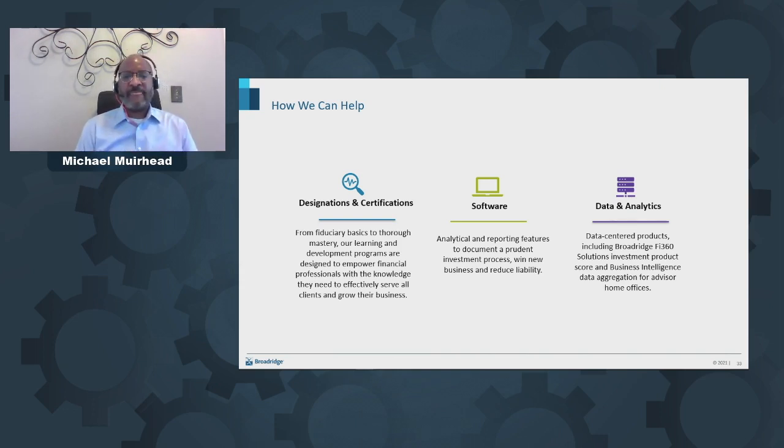Second is software. We offer software and analytical tools that really help document and support the fiduciary process in a really efficient way. One of those tools is our fiduciary focused toolkit.